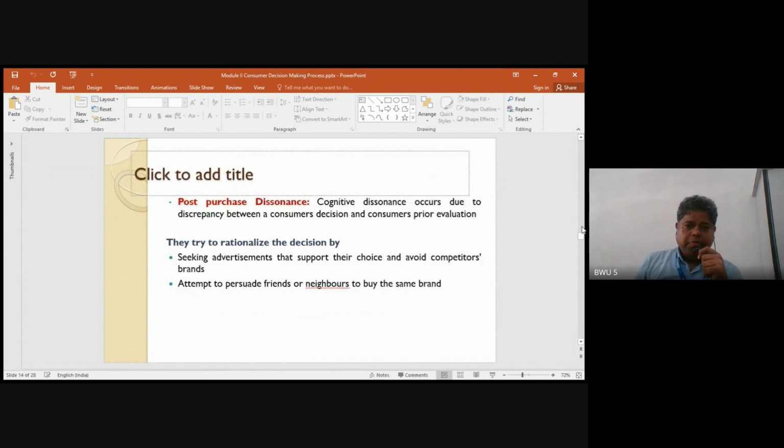Another phenomenon in post-purchase is post-purchase dissonance. It's cognitive dissonance, basically occurring due to discrepancy between consumers' decision and consumers' prior evaluation. As I mentioned earlier, before we purchase, we are likely to have prior evaluation. This product, this brand is likely to perform like this.